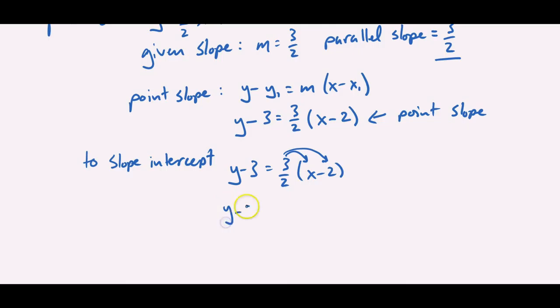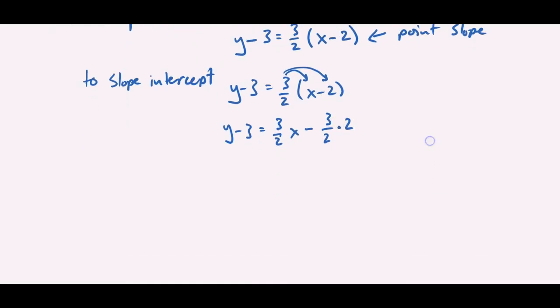So y minus 3 is equal to 3/2 times x will be 3/2 x. 3/2 times negative 2 would be a negative 3 over 2 times 2. Cleaning that up just a little bit, y minus 3 is equal to 3/2 x, and 3/2 times 2 over 1, we can make that 2 a fraction into 2 over 1. 3 over 2 times 2 over 1 will be 6 over 2, or 3.